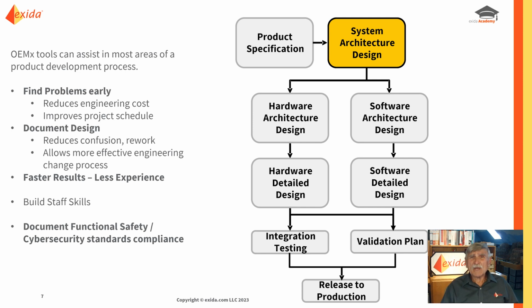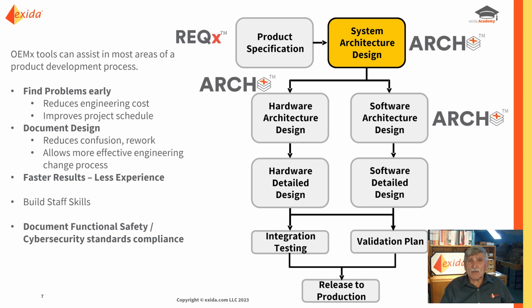The OEMx tools apply to most of the development process. REQx is used during product specification. REQx is used in architecture design, perhaps starting at the systems level and going down through various layers of hardware and software, where we must verify the quality of the design as we drop down, especially at the lowest level.